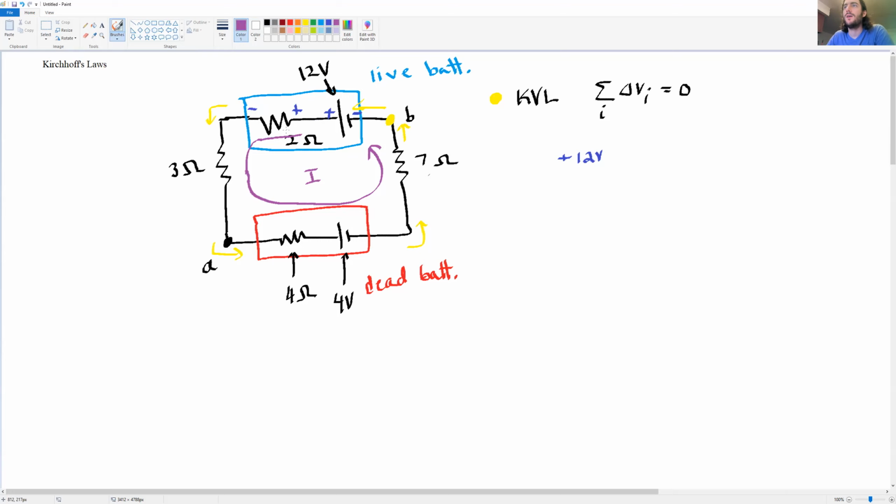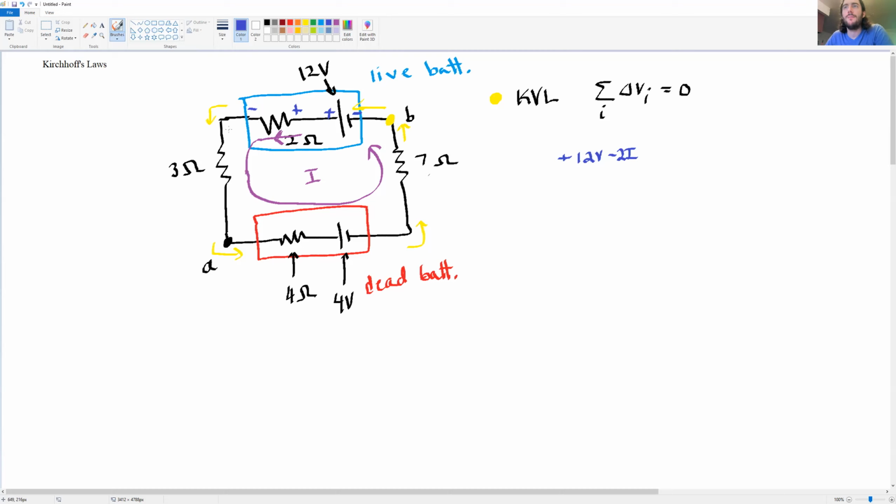So since the current is flowing in this direction here, counterclockwise, so from right to left, the high potential on the resistor is on the right, and the low potential is on the left. So I subtract I times the value of the resistance there, which is 2. So subtract 2 times I. Okay, so 2 ohms times the current in amperes. So that is also voltage.